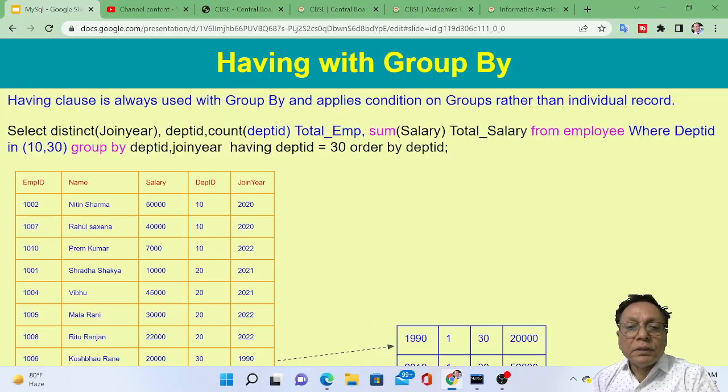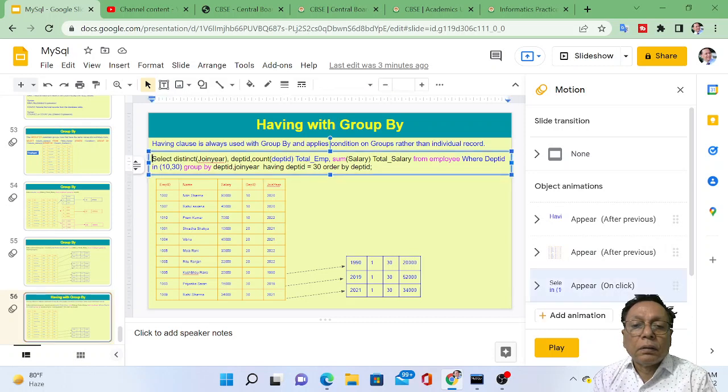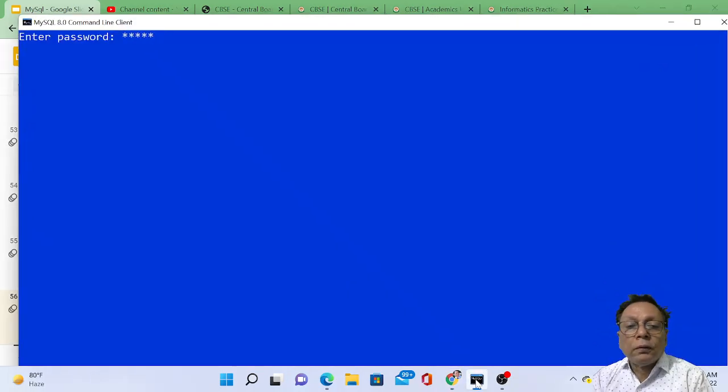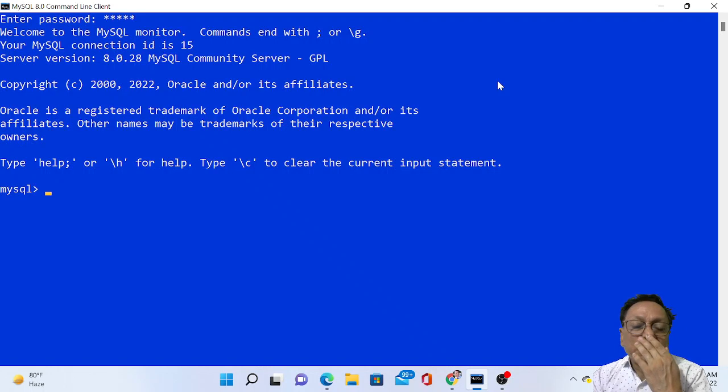I am going to copy this statement from here and move to MySQL. Password.